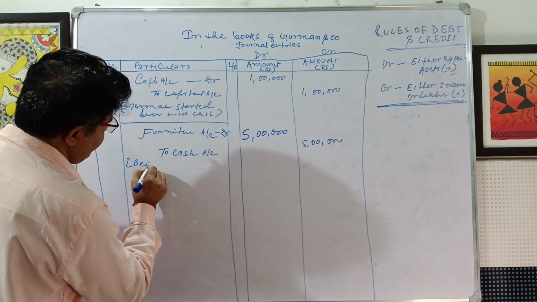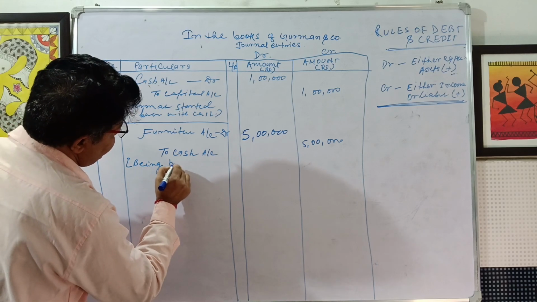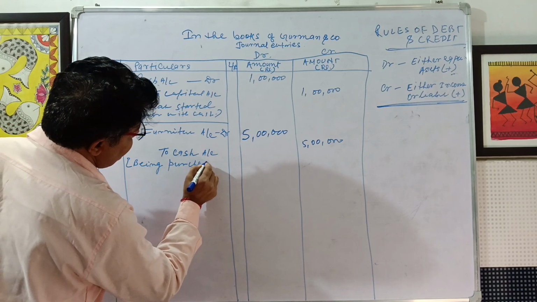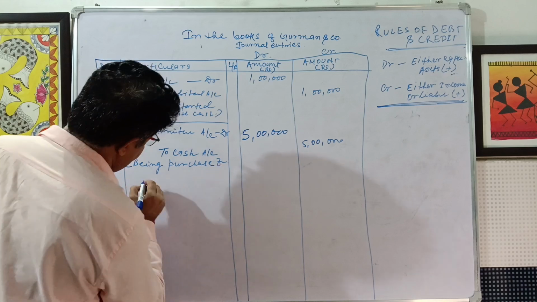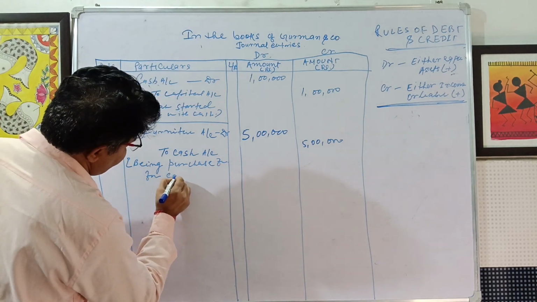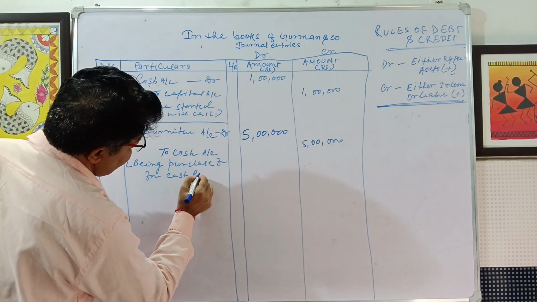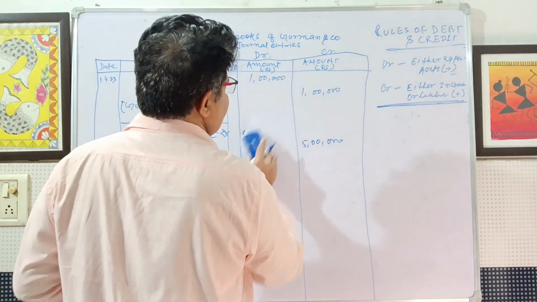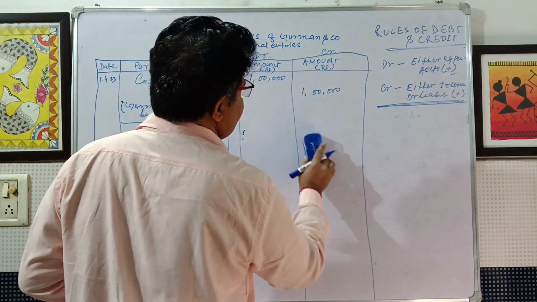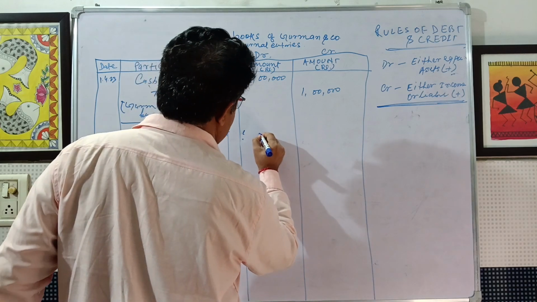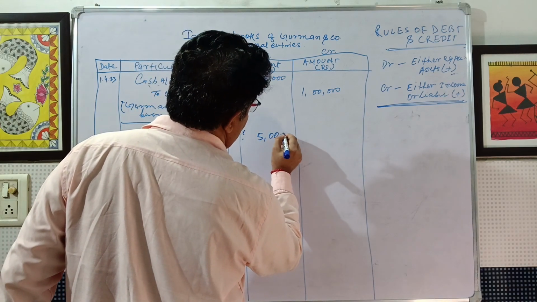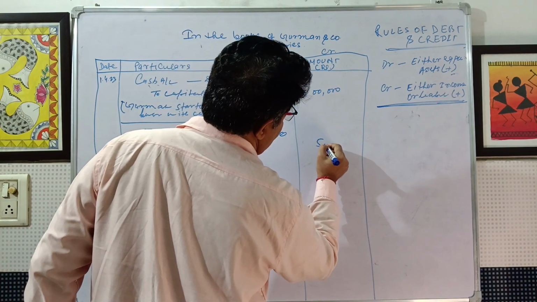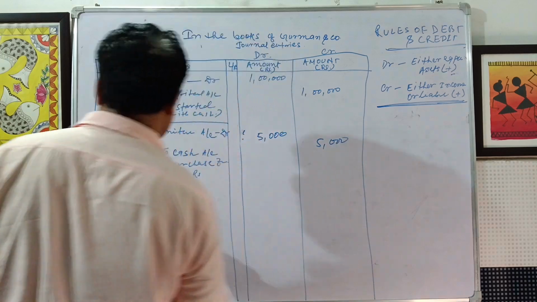Being purchase furniture for cash, rupees 5,000.